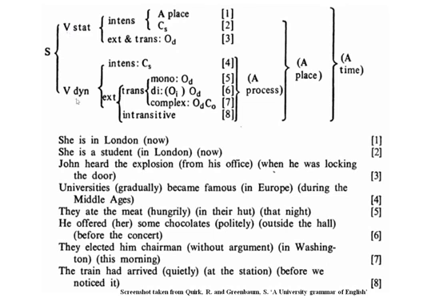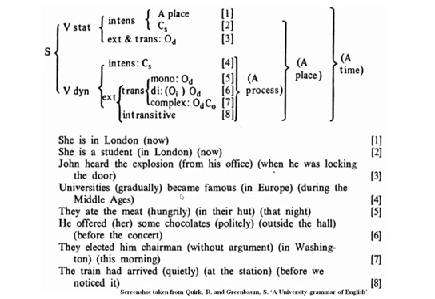Now we move to the dynamic verbs. Dynamic verbs are verbs which are called the activity verbs. They denote actions. And these could be intensive and extensive too. Intensive dynamic verbs, like for example, sentence 4, universities became famous. Became here is a dynamic verb because it denotes a change from one shape to another shape, or a change from one state to another state.